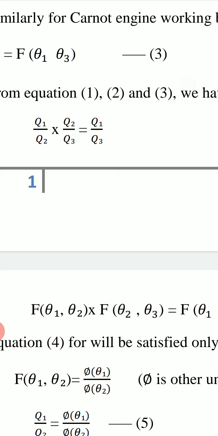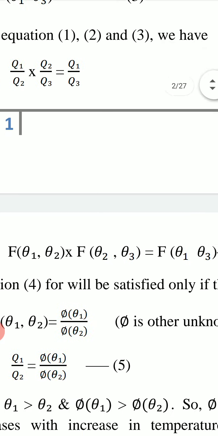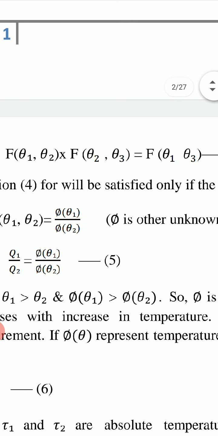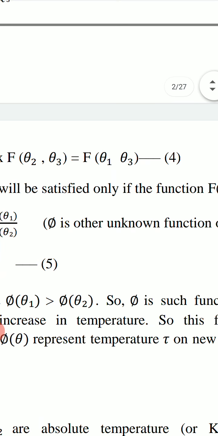Now substitute the values of Q1 upon Q2, Q2 upon Q3 and Q1 upon Q3 from first three equations. In this equation, if we substitute these three values, then we get this relation F(θ1, θ2) into F(θ2, θ3) equal to F(θ1, θ3). We write this as equation 4.